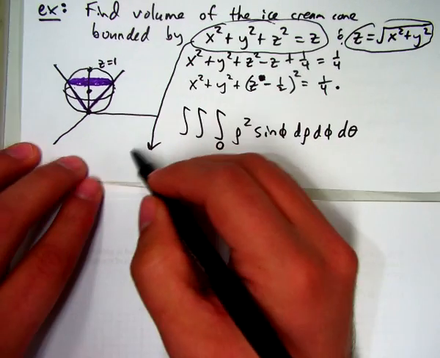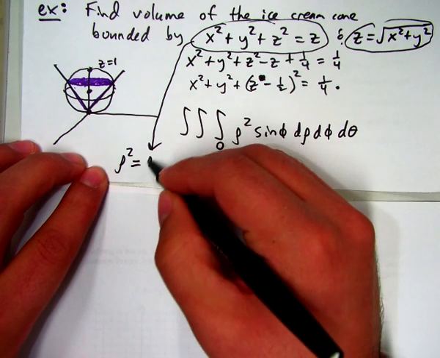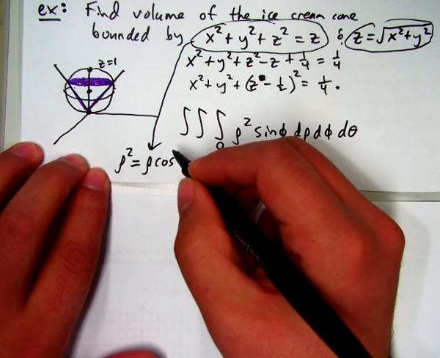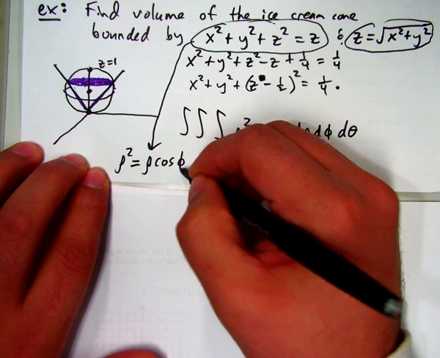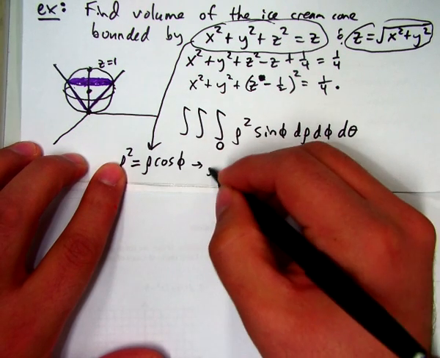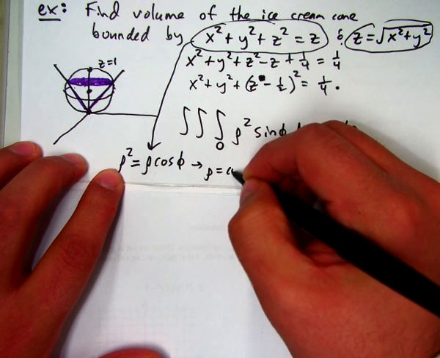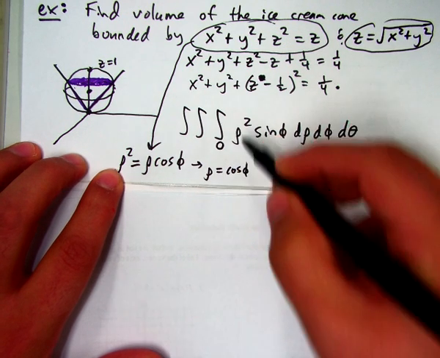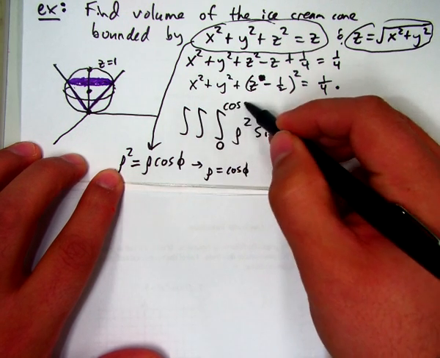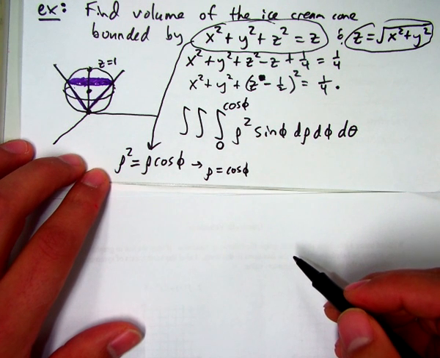Rho squared. Z is rho cosine phi. And then if you simplify, divide by rho, rho is going to just be cosine phi. So we're going from 0 to cosine phi. So that's the boundaries for rho.